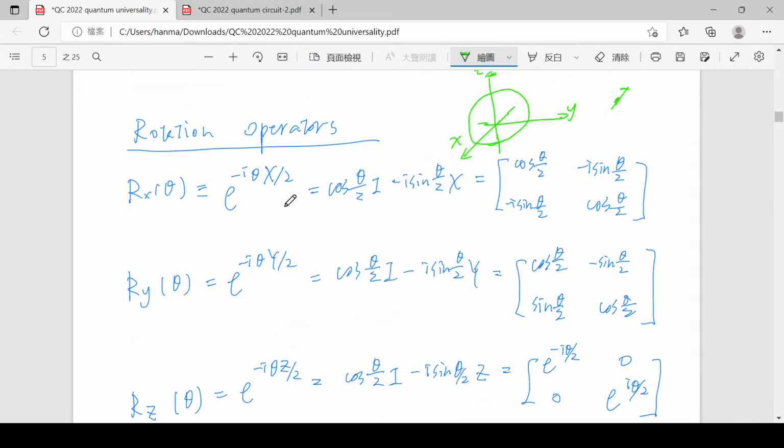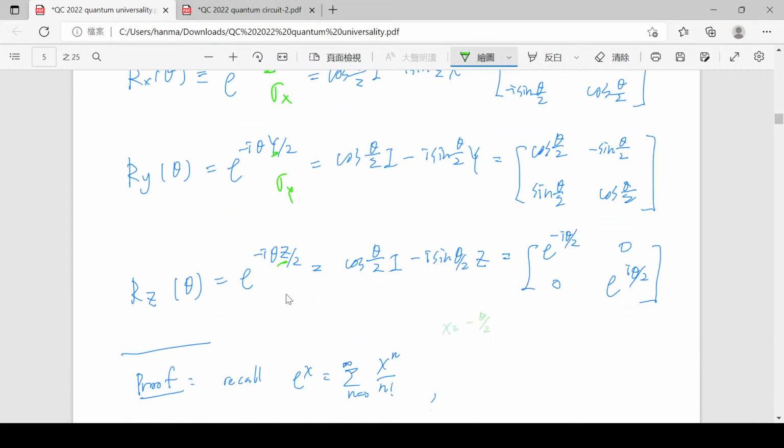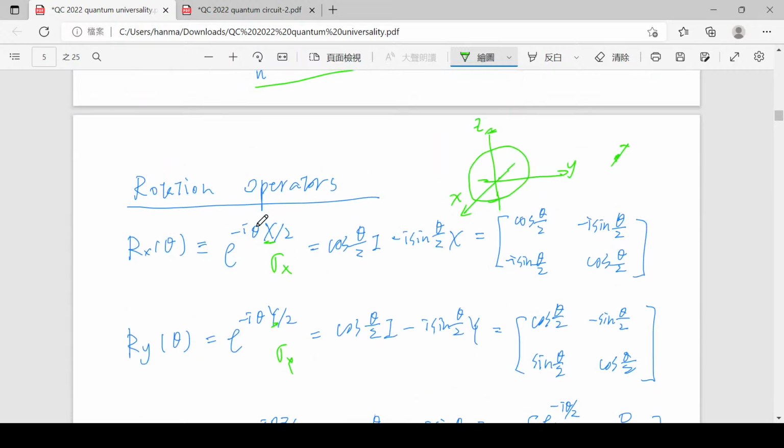And here we use the operator function we just defined, right? So this x and the y and the z here, okay, so I should say sigma x. But anyway, this x is the Pauli x, and this y is the Pauli y, and this z is the Pauli z. Okay. So it's not very obvious in this form, but those x, y, z are matrices, and theta is a real number.